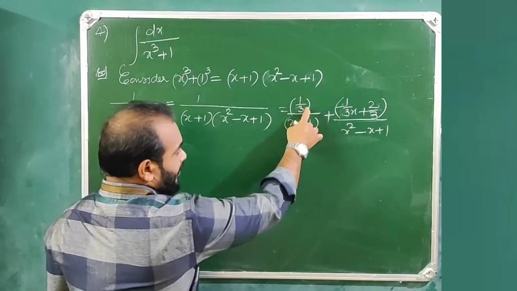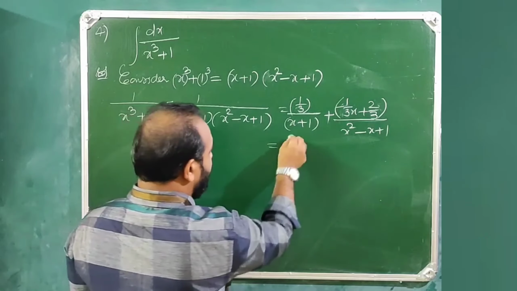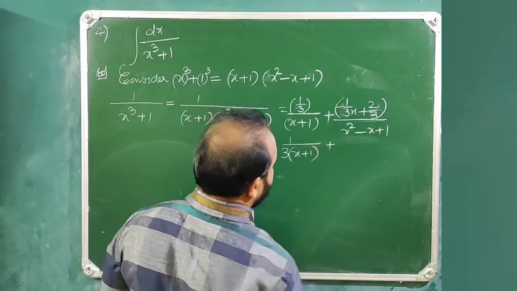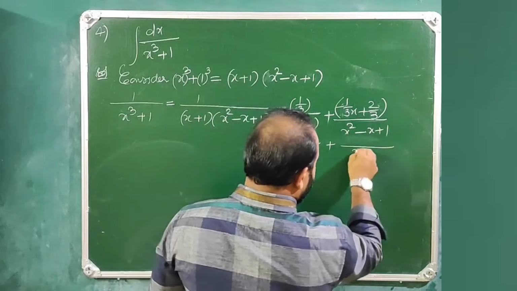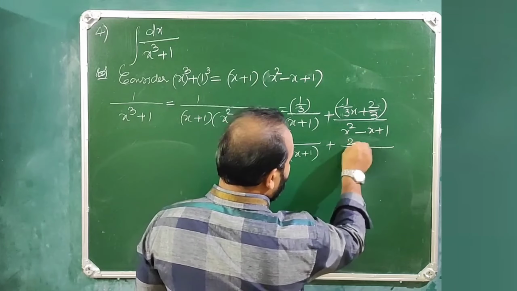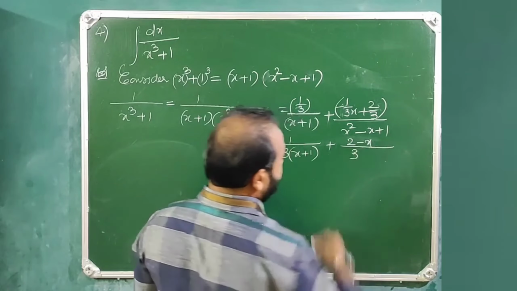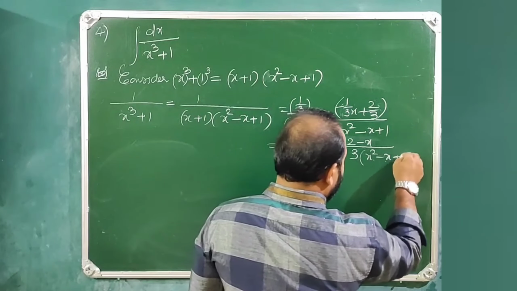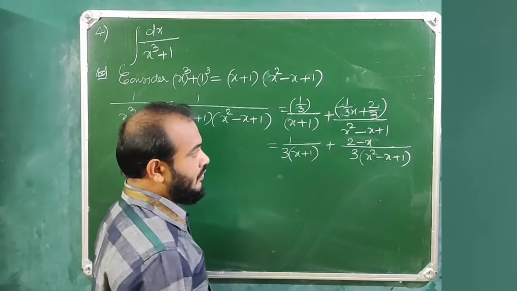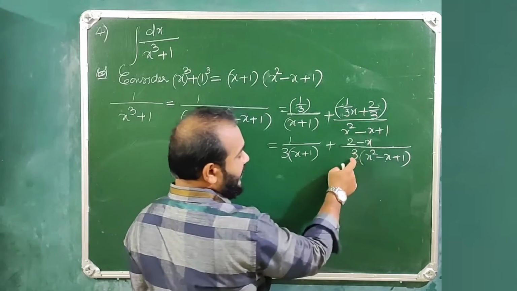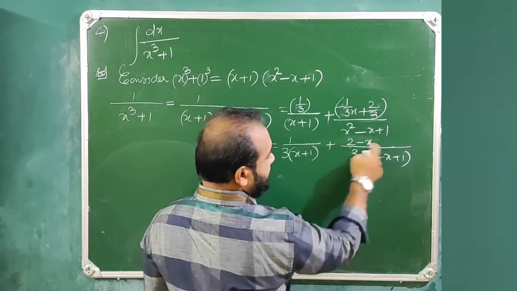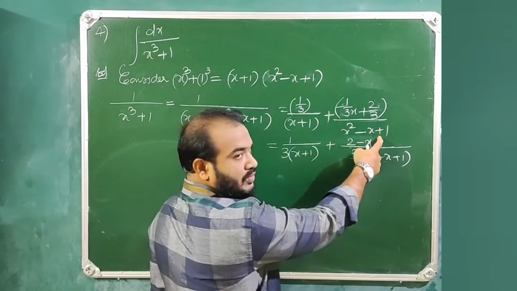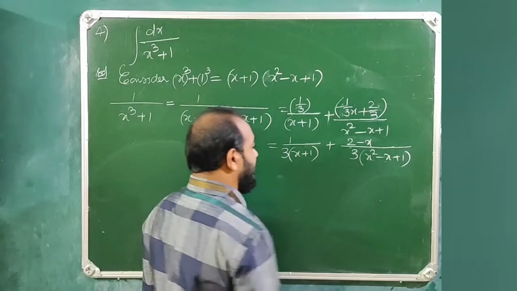This is 1 by 3 into x plus 1 plus, taking 3 as the LCM, 2 minus x by 3 into x square minus x plus 1.